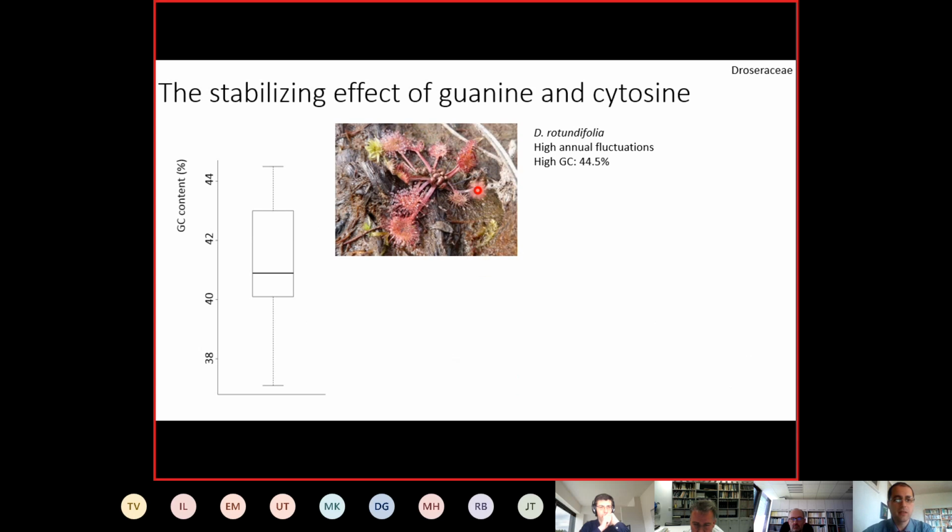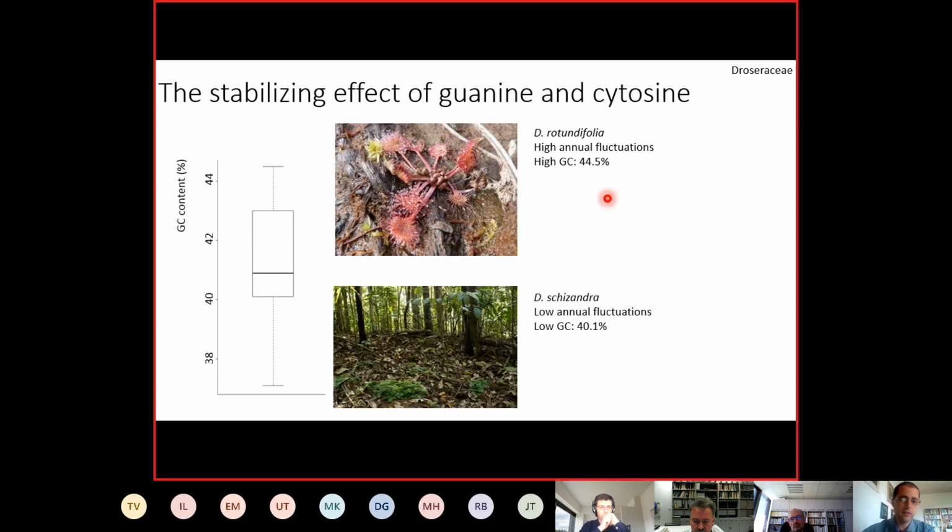Well, it means that we have species like Drosera rotundifolia from temperate zone, which endures high fluctuations, high temperatures in summer and low freezing temperatures in winter. And these plants have high GC content. On the other hand, species like this Drosera schizandra growing on rainforest floor in Australia, where annual fluctuations are almost negligible, have GC content much lower.